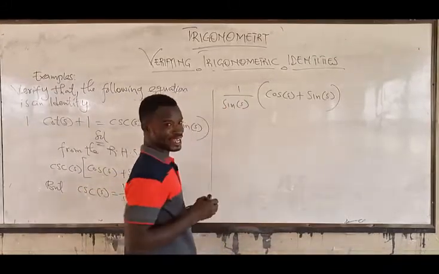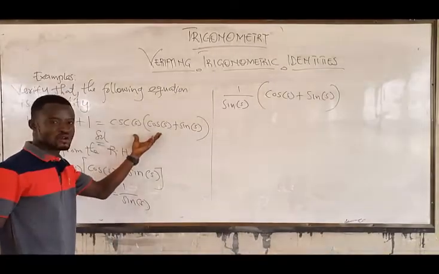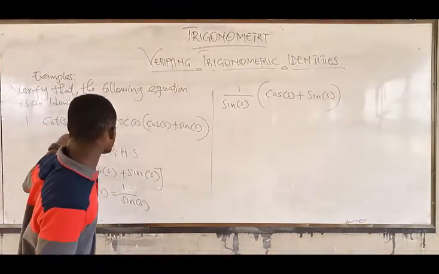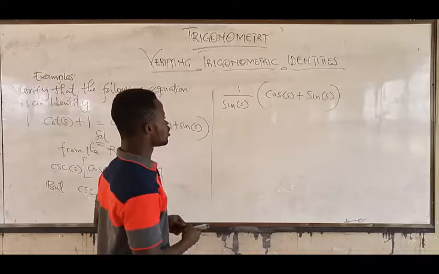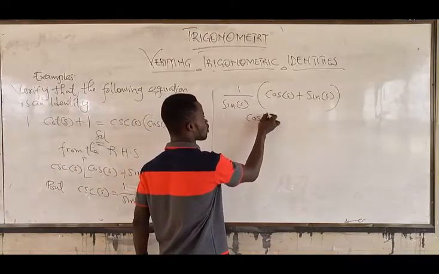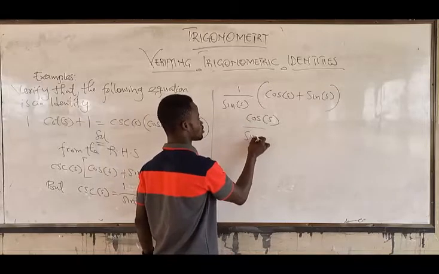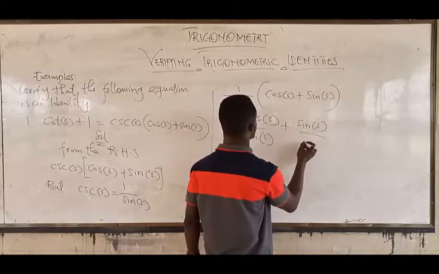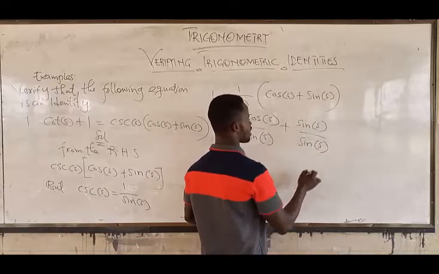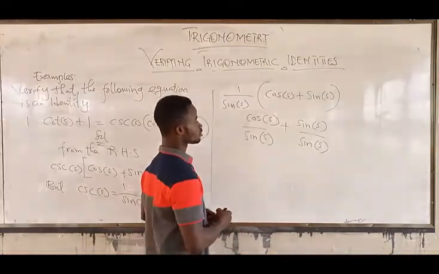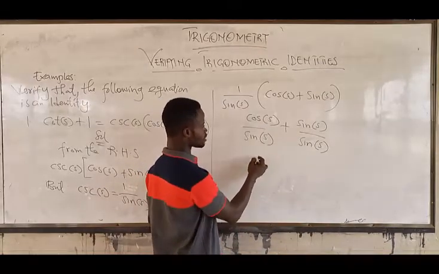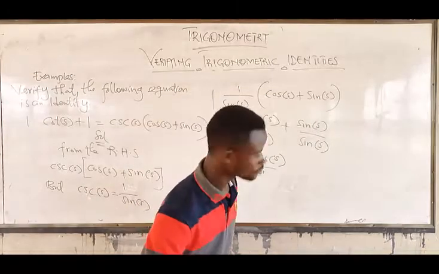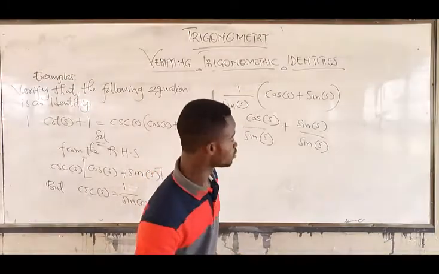So multiply, now don't forget. When you are expressing and simplifying this, make sure your goal is the left hand side. Let it be in mind. So multiply it by this to get cos x over sine x plus sine x over sine x. Nice. Now you can see that this is cos x over sine x.